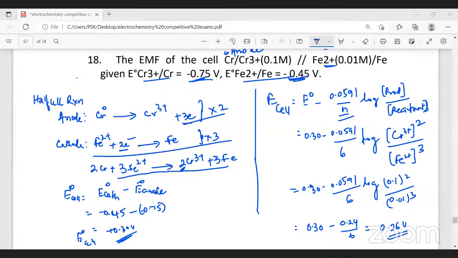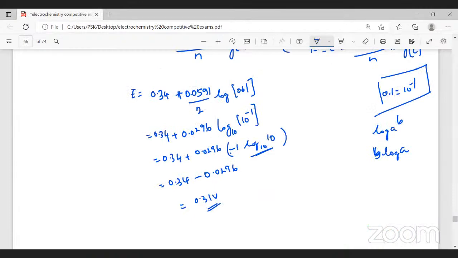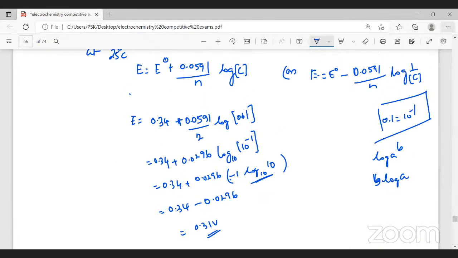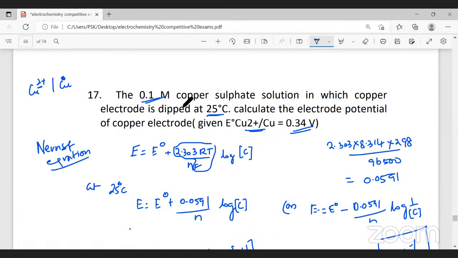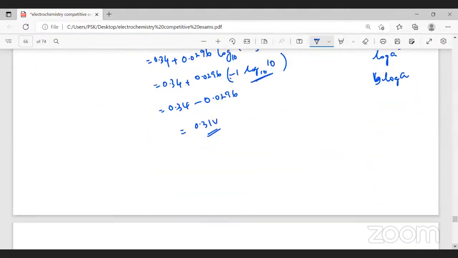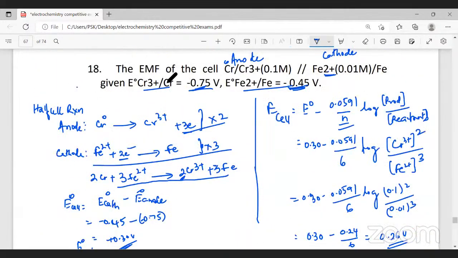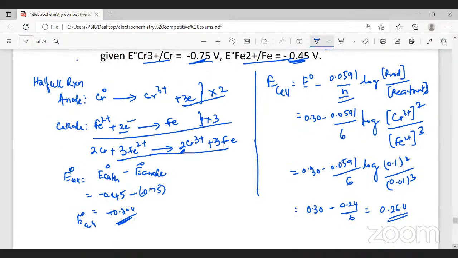In the previous problem, we took n to be 2 because there was only one electrode we were talking about, only the copper solution and copper electrode. Since we talked about only one electrode, the valency of copper is 2, so n becomes 2. But this problem is a cell, and a cell is a combination of 2 electrodes. When we combine 2 electrodes, you have to write the net number of electrons involved, so that will be 6 here.